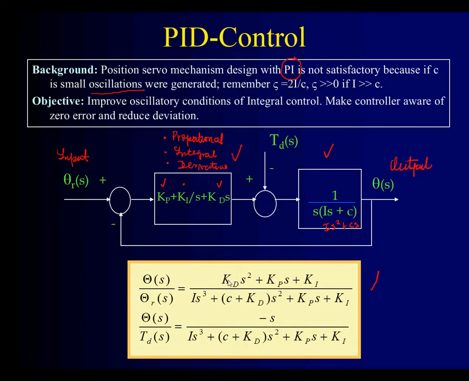So you have two transfer functions here. The output with respect to the input, or the output with respect to the disturbance, which is also an input. So you could study the reaction with respect to the input on the left, the set point, or with respect to the disturbance.